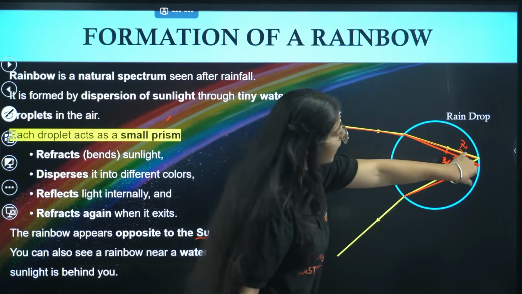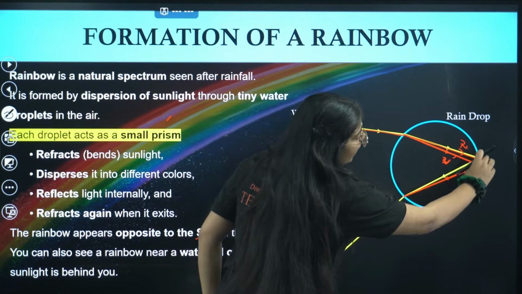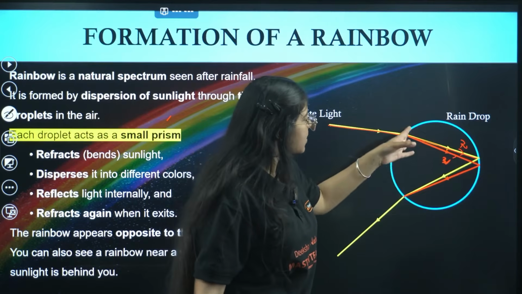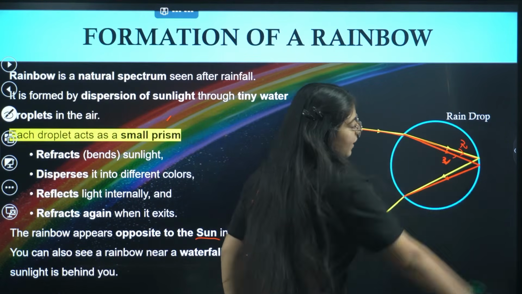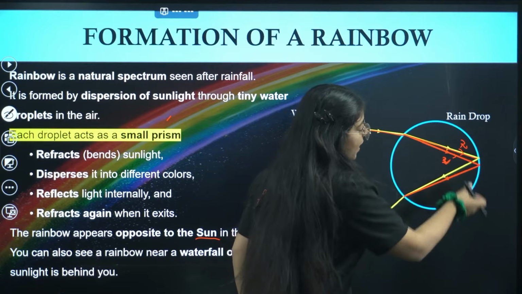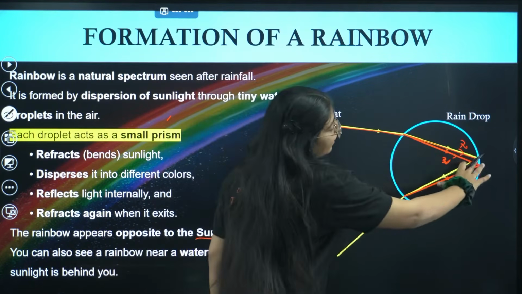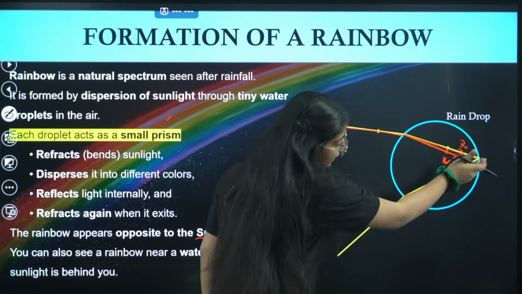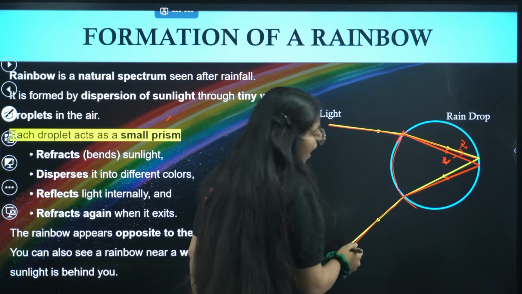The total internal reflection will happen, which means from here also it's water. This is the same surface, right? But instead of going out and refracting out, it doesn't refract. It reflects from the other end of the water droplet, and then from the same end, it refracts out.